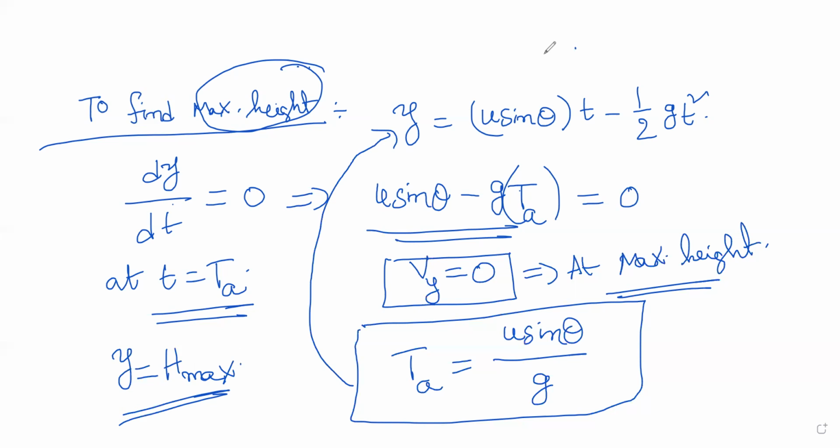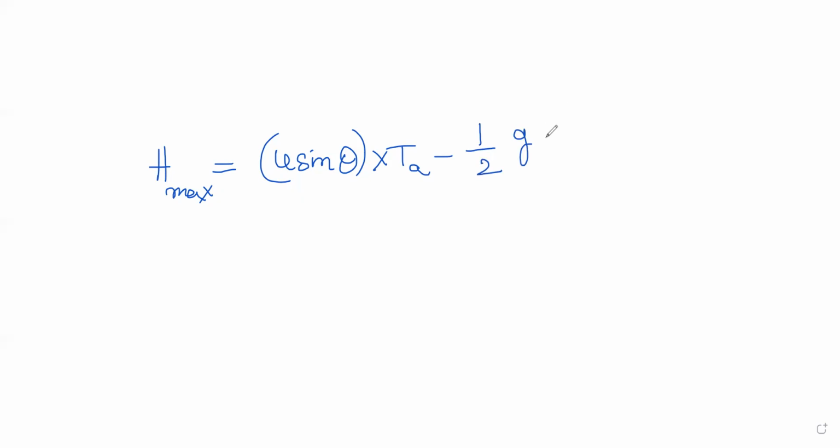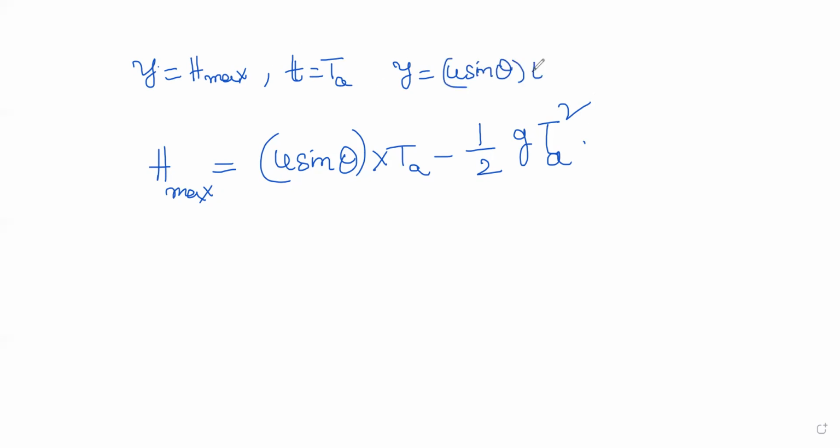So here you have y equal to h max when t is equal to ta. That is u sine theta into ta minus half g ta square. At t equal to ta, I substituted y equal to h max in the equation y equal to u sine theta t minus half gt square.